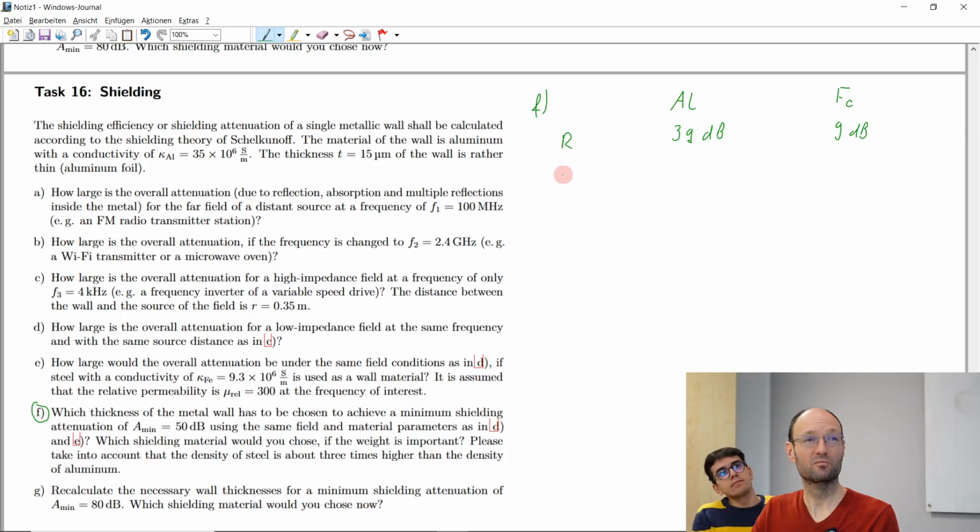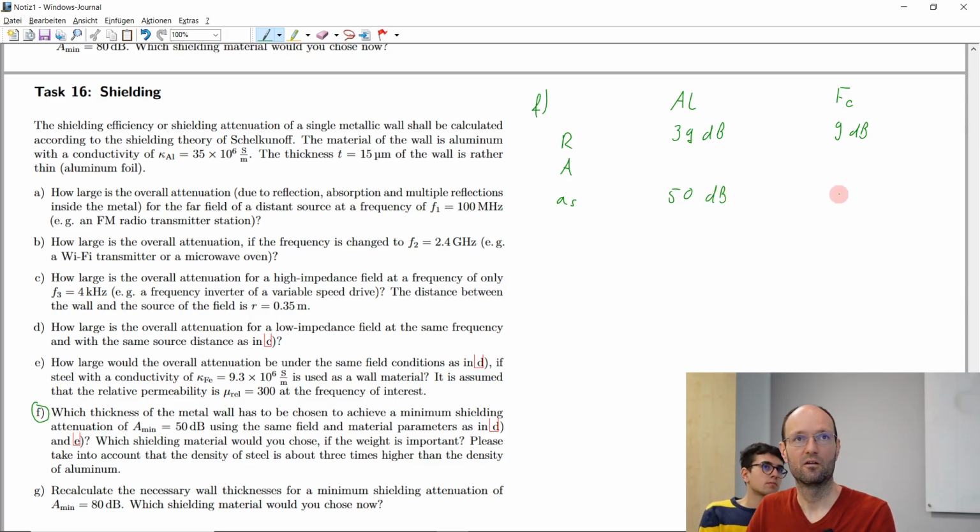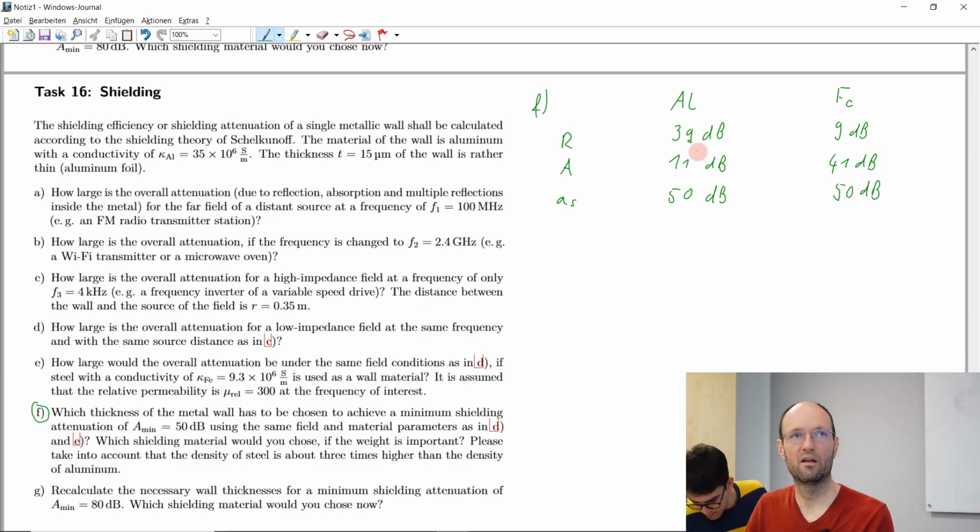So now the question is, how much absorption do I need to get an overall shielding efficiency of 50 dB? And here also we want to get 50 dB. So how much do I need here? 11. And on the other side, 41. And as both of them are greater than 10, we don't need to take into account the multiple reflection term.